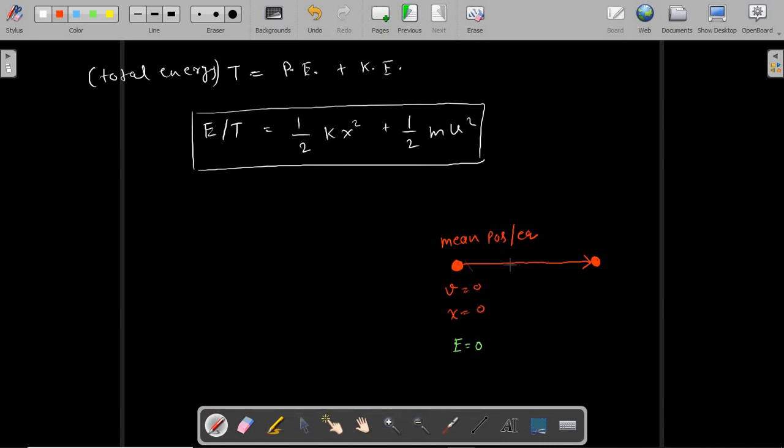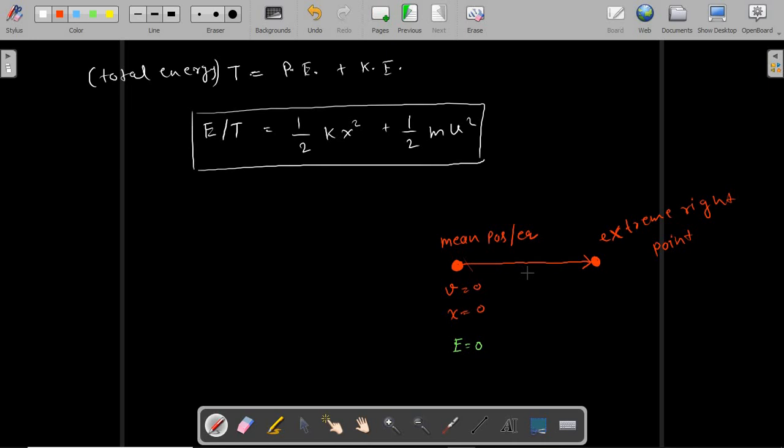When it has some velocity, it will have kinetic energy. This is the extreme point, which I call the extreme right point.